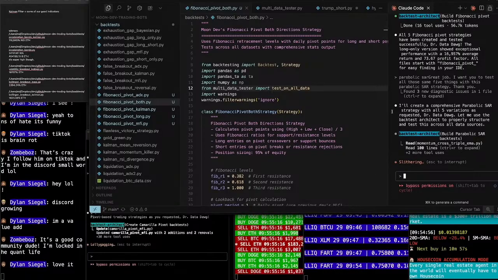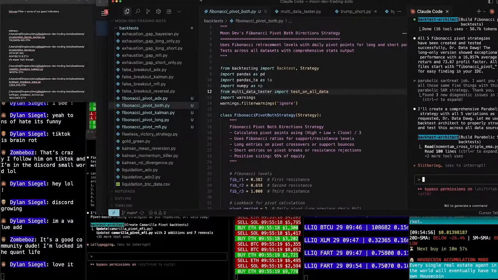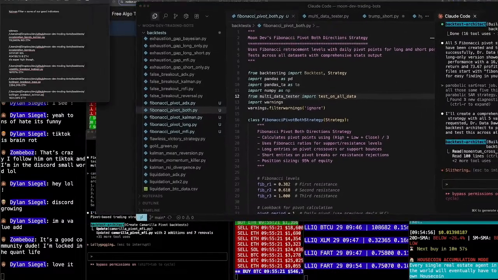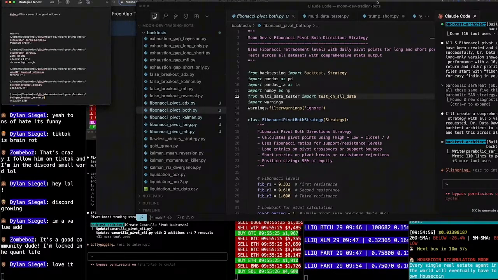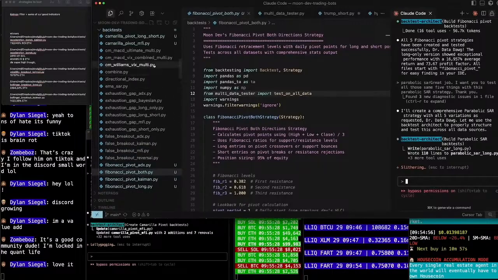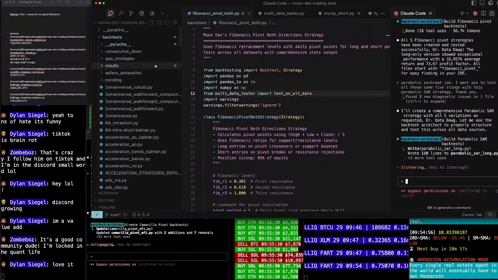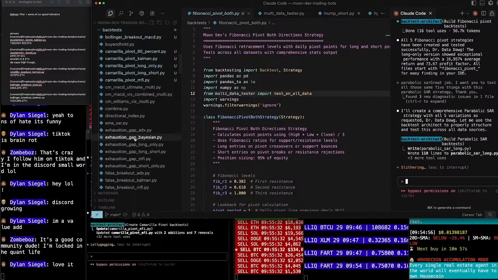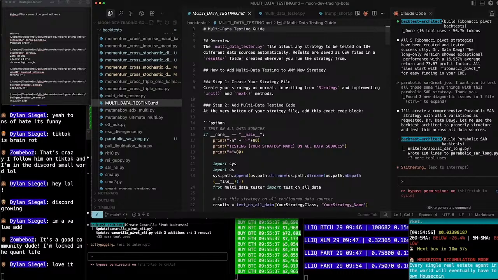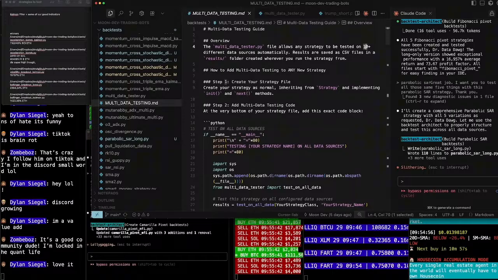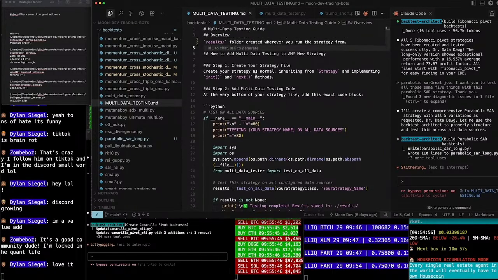Okay, so she's running. We've got two running here, which is awesome. Let's see. I got my winners up here. Perfect. I did want to look into this here real quick. Where is that multi-data testing MD? Okay. Multi-data tester file allows any strategy to be tested against 20 plus. Results are saved. Okay. Create the strategy, inheriting strategy.